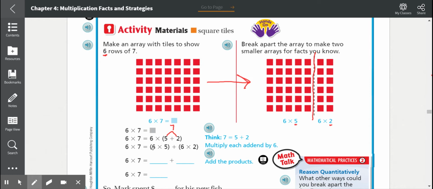So let's solve for 6 times 5 and then 6 times 2. So 6 times 5, we could count by 5 6 times. 5, 10, 15, 20, 25, 30. So that's 6 times 5, and then we're going to add 6 times 2. So 6 times 2 would be like 6 plus 6, and that's 12.